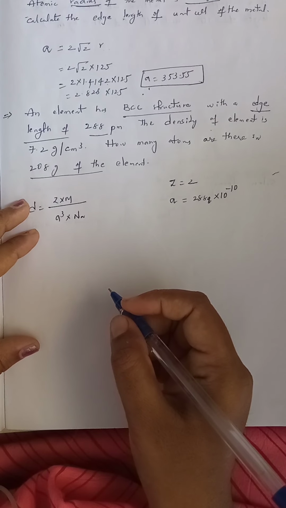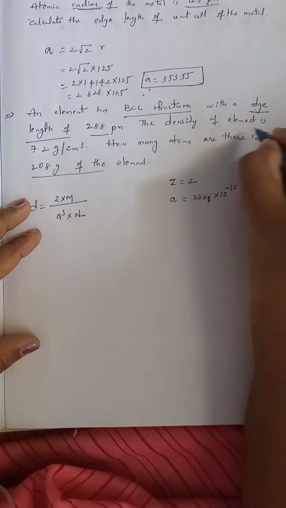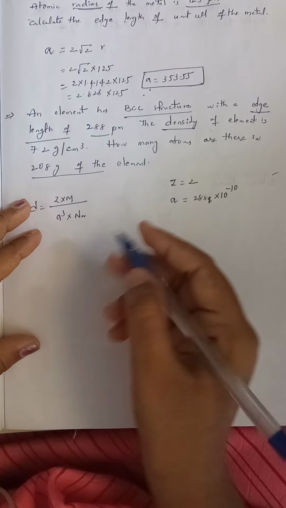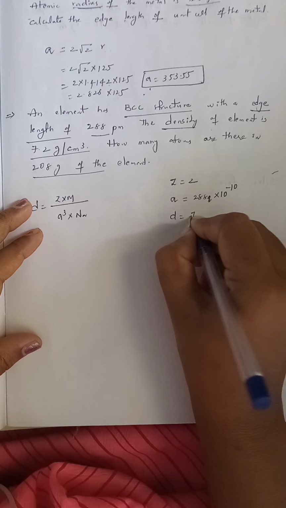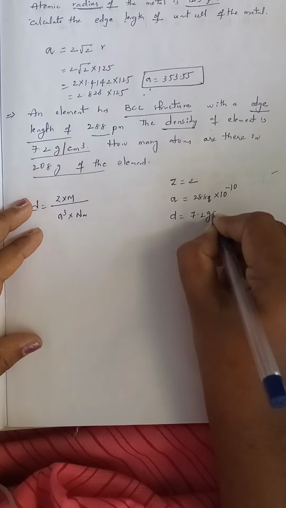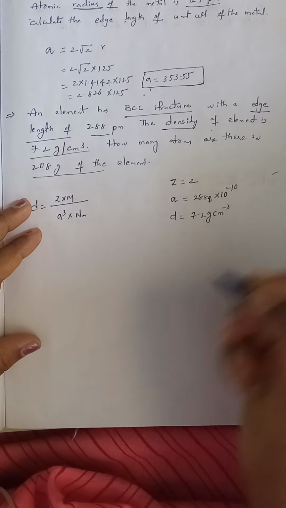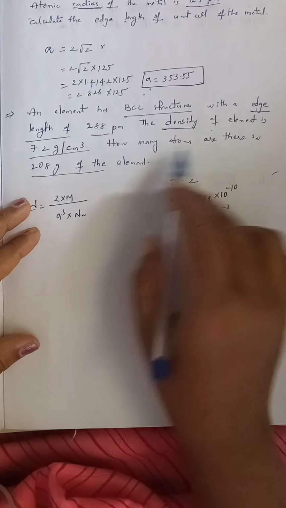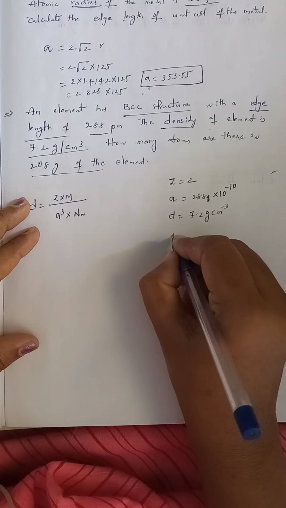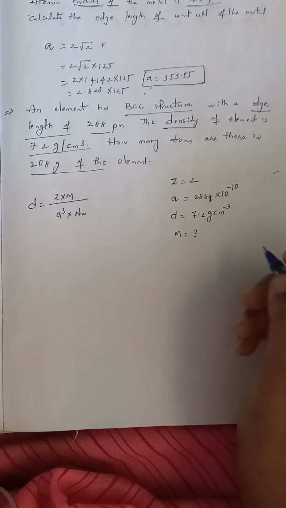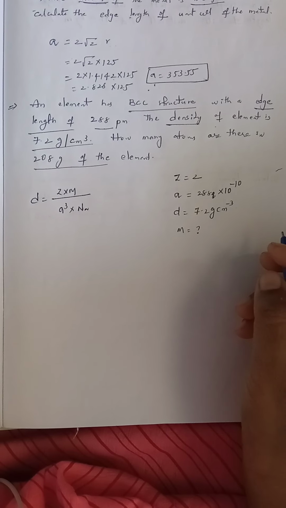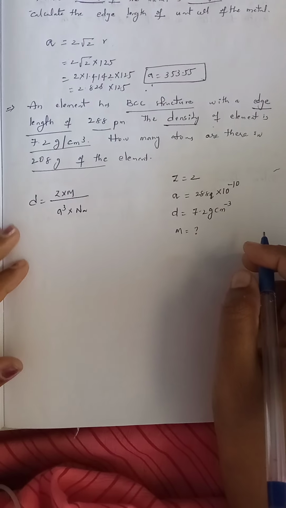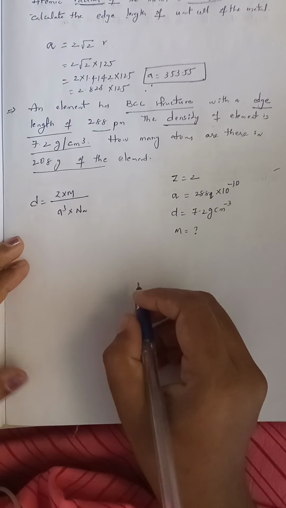Then density of the element is given, d equals 7.2 gram per cubic centimeter. Next, how many atoms are there we want to find out. Before that, first we want to find out M. M, atomic mass, is not given. If you know its atomic mass, from that we will find out the number of atoms present in that.